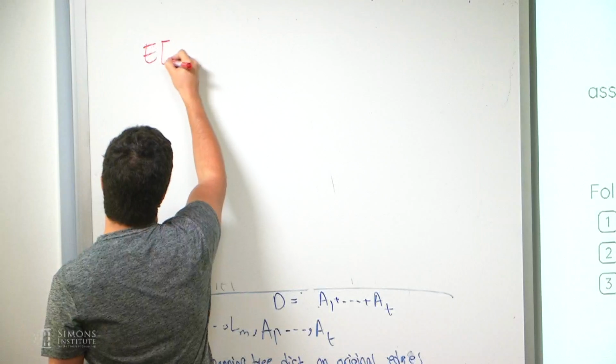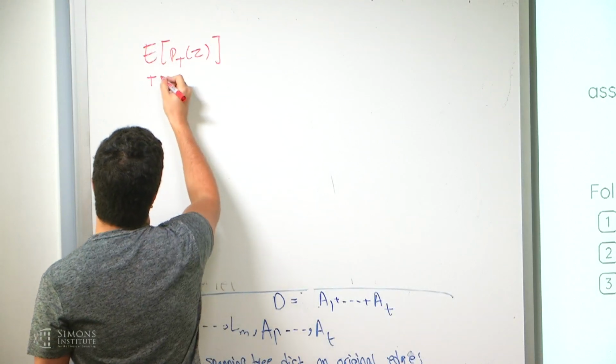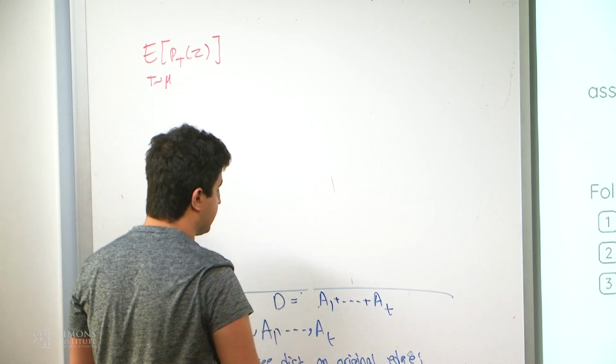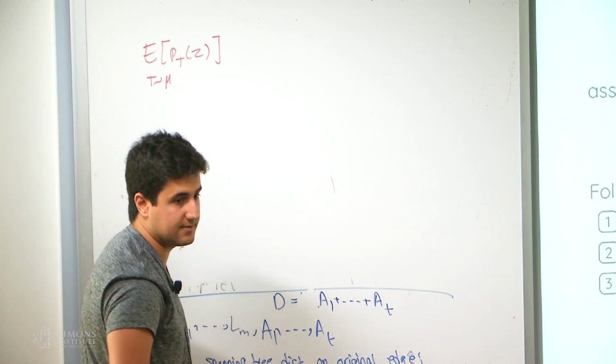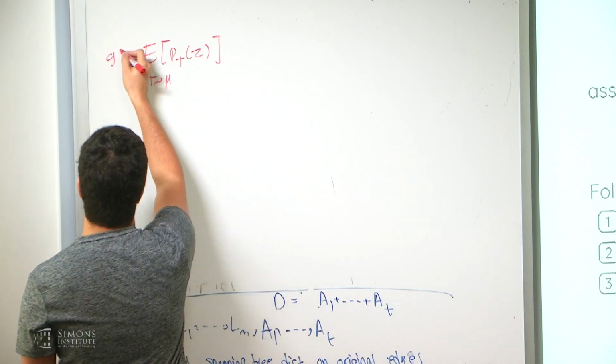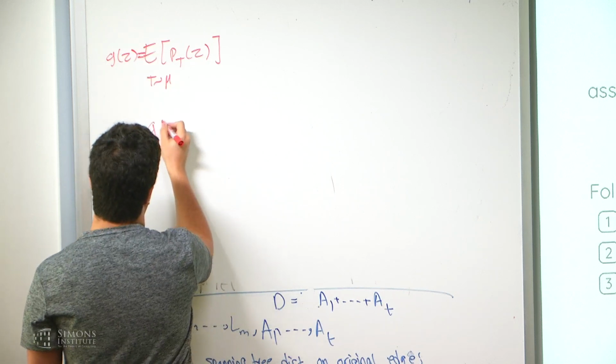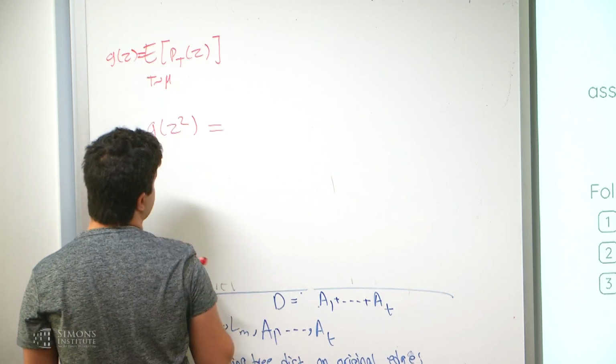So what you want to do is to prove that this thing is real rooted, where T is chosen according to this crazy distribution mu on spanning trees, right? And so here is the punchline: if this is the polynomial g of z, you can write g of z in this form.